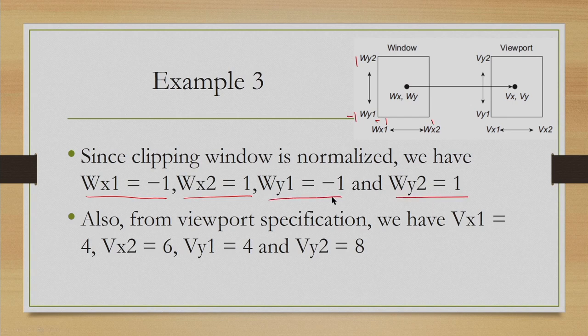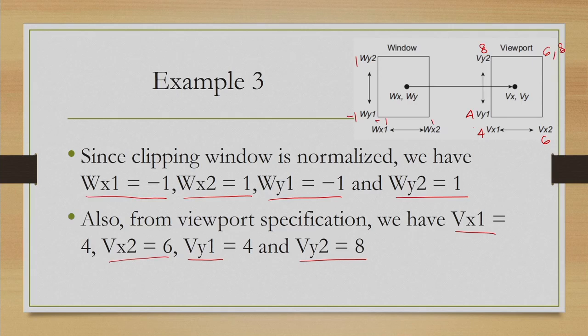From the viewport specification we can see that this is 4, 4. So, if this point is 6, 8, then this must be 6, this must be 8. So, we get these values.